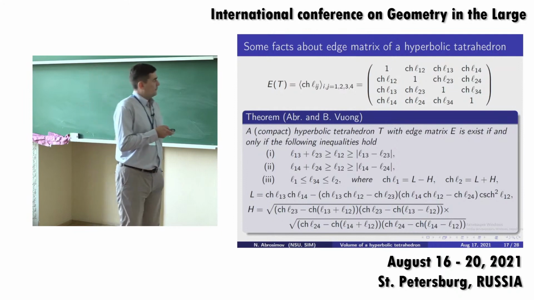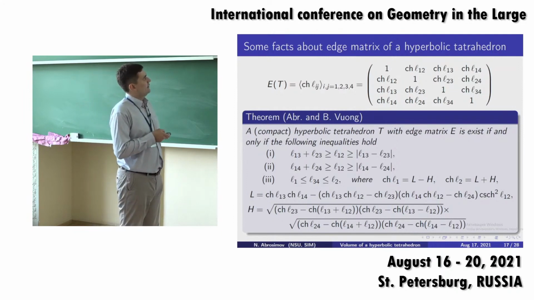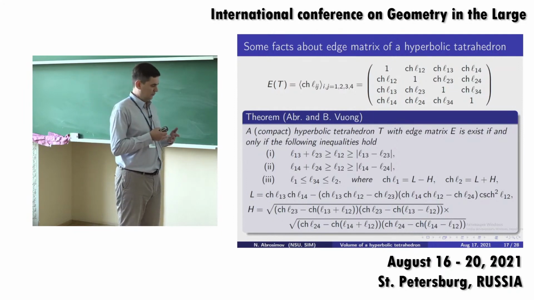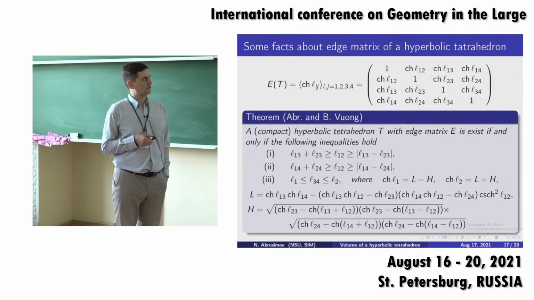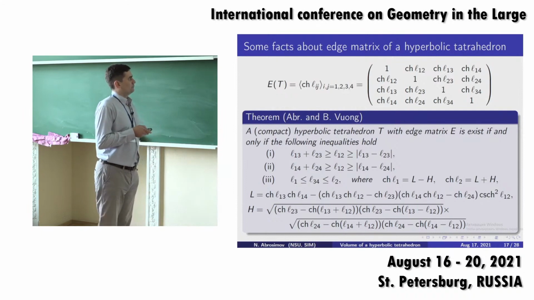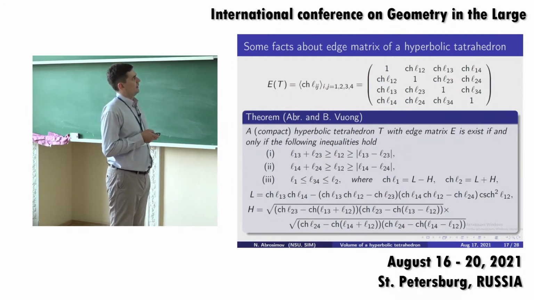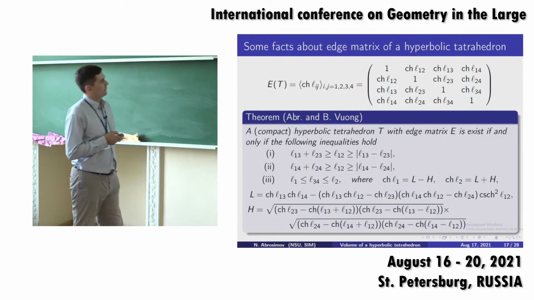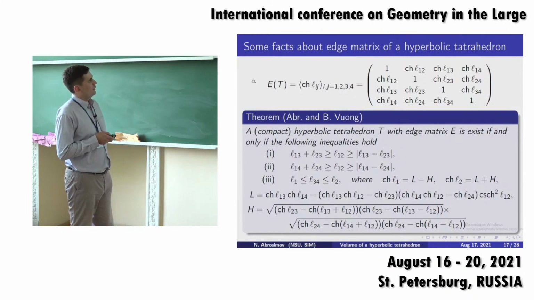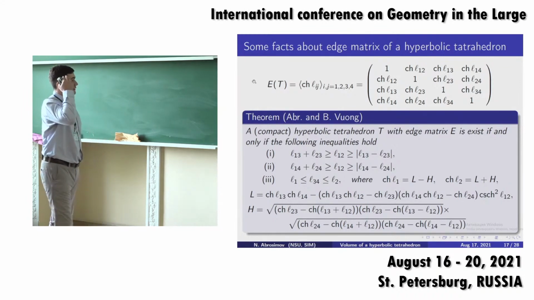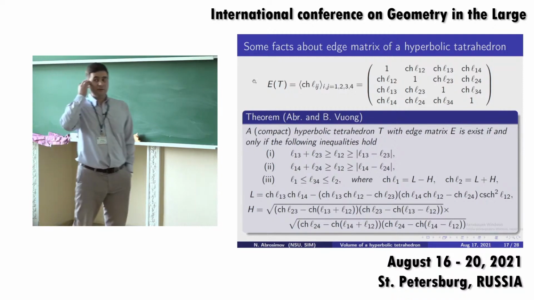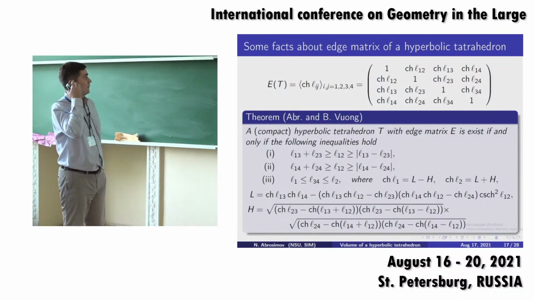And here it is. There are 3 two-sided inequalities, right? And I can explain what they mean. So the first inequality is just a triangle inequality for 3 sides.